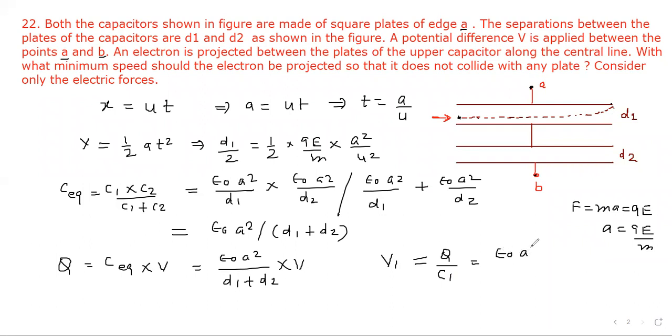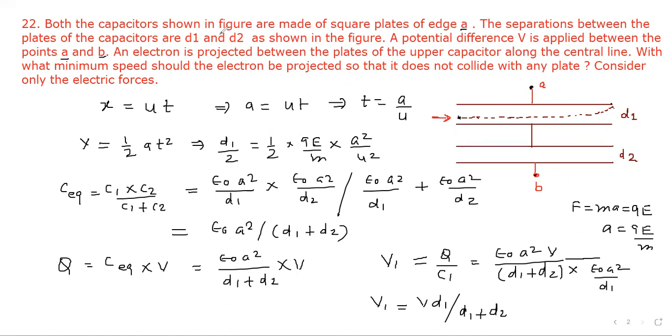So epsilon naught A square V divided by D1 plus D2, divided by C1, and the value of C1 is epsilon naught A square divided by D1. So from here, we get V1 equals V times D1 divided by D1 plus D2.